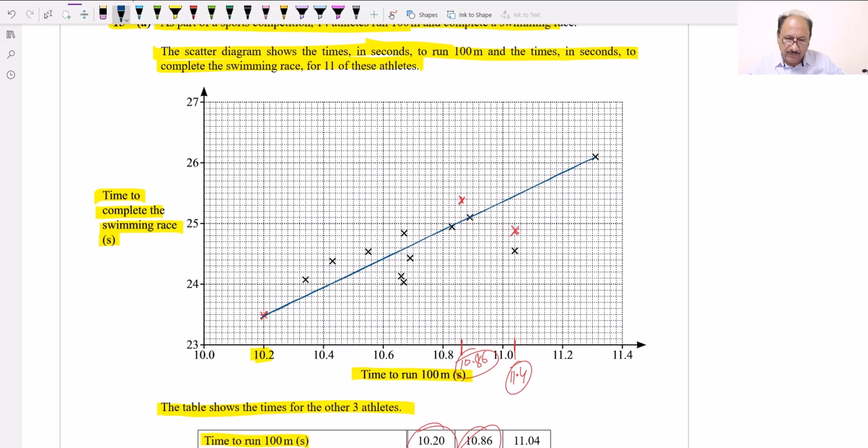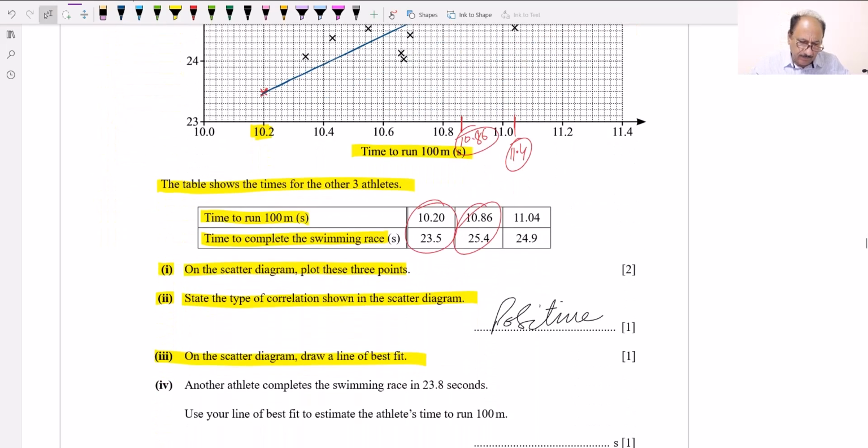Then they are saying another athlete completes the swimming race in 23.8 seconds. Use your line of best fit to estimate the athlete's time to run 100 meters.